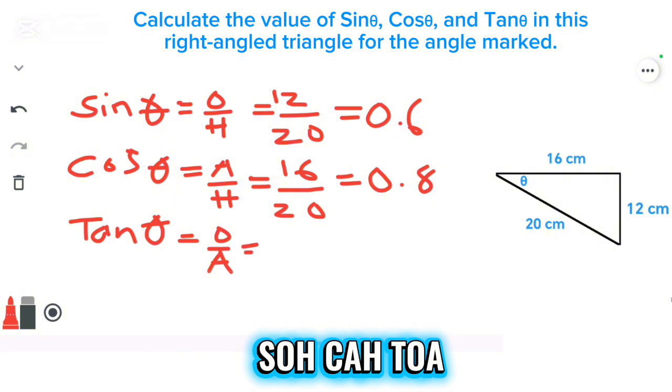So again with respect to this given angle here, the opposite side is 12 centimeters, so we have 12, and again the adjacent side is 16, so we have 16 here, and 12 divided by 16 is equal to 0.75. There we go.